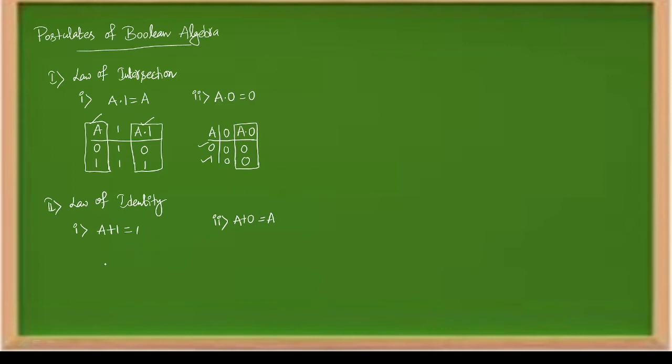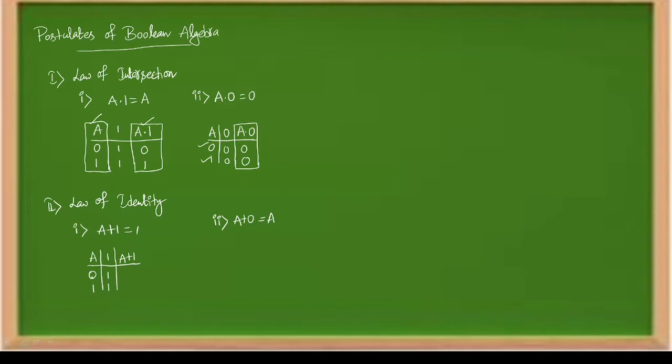Let me prove these postulates by taking a table again, similar to the previous law, the law of intersection. I'm taking two entries, one for A and another for 1. Let me show the value of A plus 1. When A is the only variable, the two possibilities are 0 and 1, and I'm just copying 1 as it is.